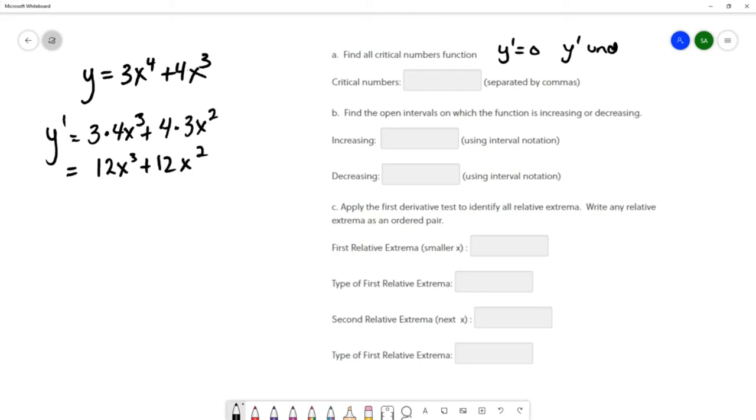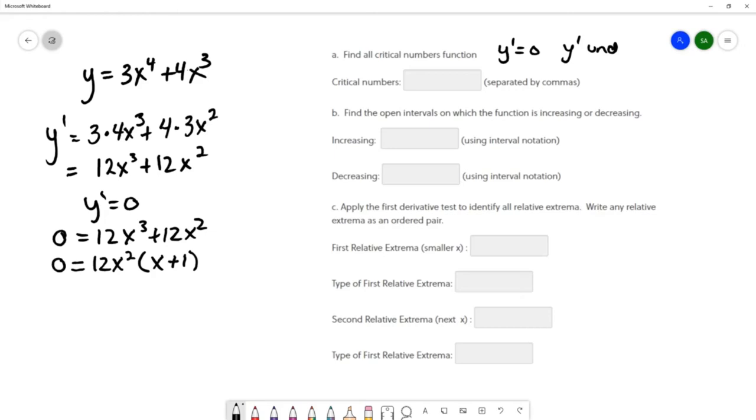So once we calculate the derivative, we're going to create the equation where the derivative is equal to 0 to find those critical numbers. So we have 0 equals 12x cubed plus 12x squared. I can factor out the 12 and the x squared, and we're left with x plus 1.